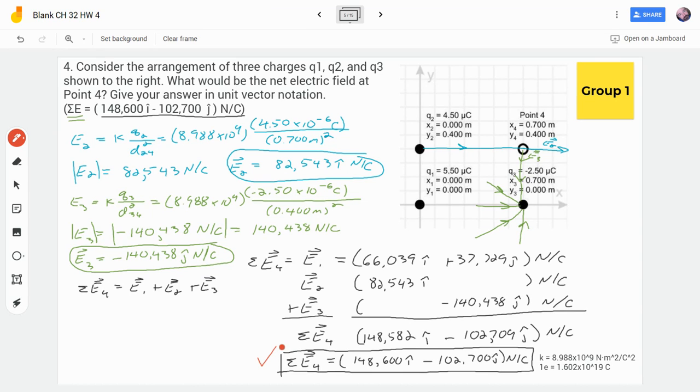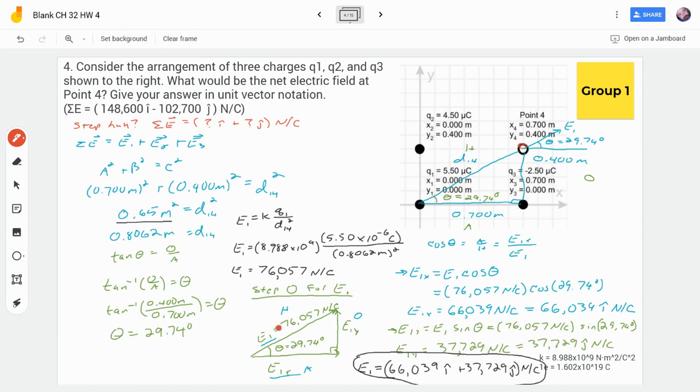So yeah, long problem. The longest single part of this was getting the components for E1, because you have to do Pythagoras to get this distance here. Then after you did that, you used your definition of electric field from a point charge.